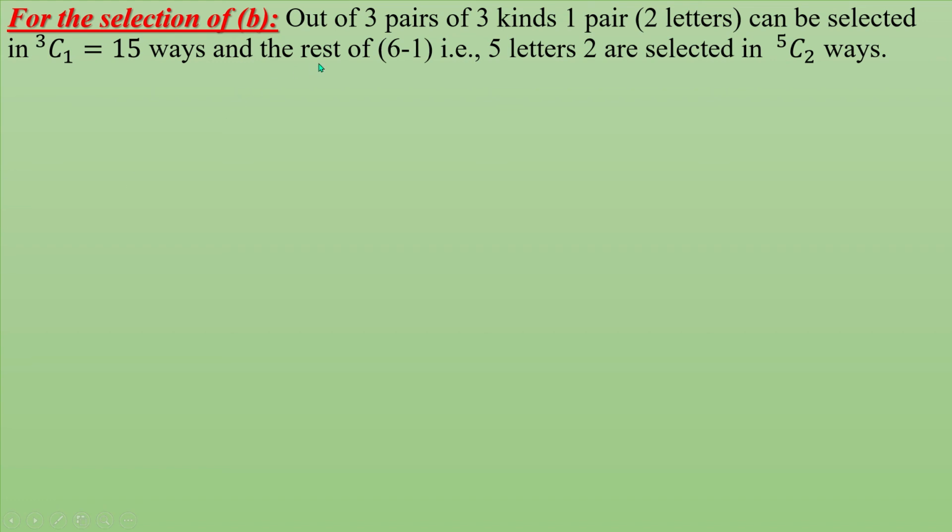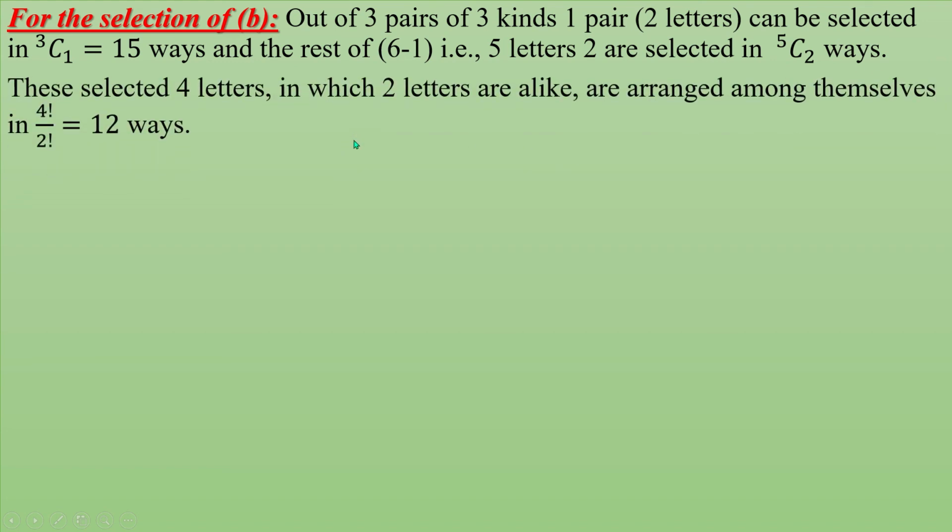And the rest, 6 minus 1, that is 5 letters, are selected in 5C2. These selected 4 letters, in which 2 letters are alike, are arranged among themselves in 4 factorial divided by 2 factorial, which equals 12.